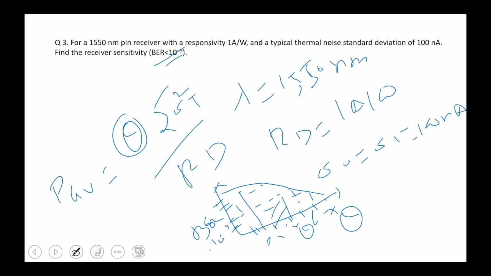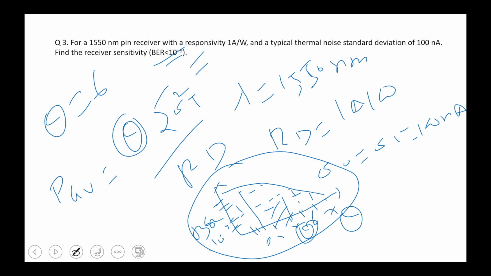From this graph you can calculate the quality factor in the exam or anywhere. You either get this graph in the question, or you have to remember the approximate value of the quality factor. For a bit error rate of 10 to the power minus 9, the quality factor is equal to 6. If it is 10 to the power minus 12, the quality factor is equal to 7.